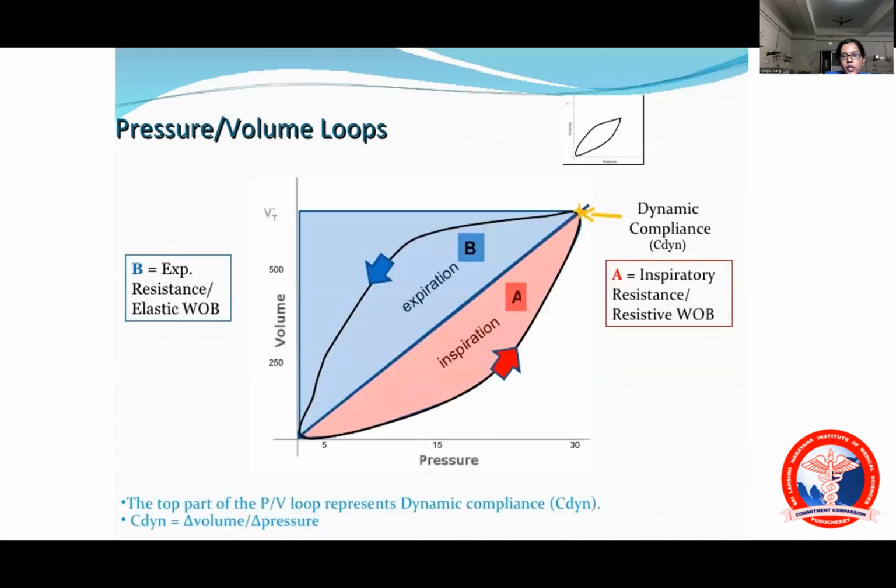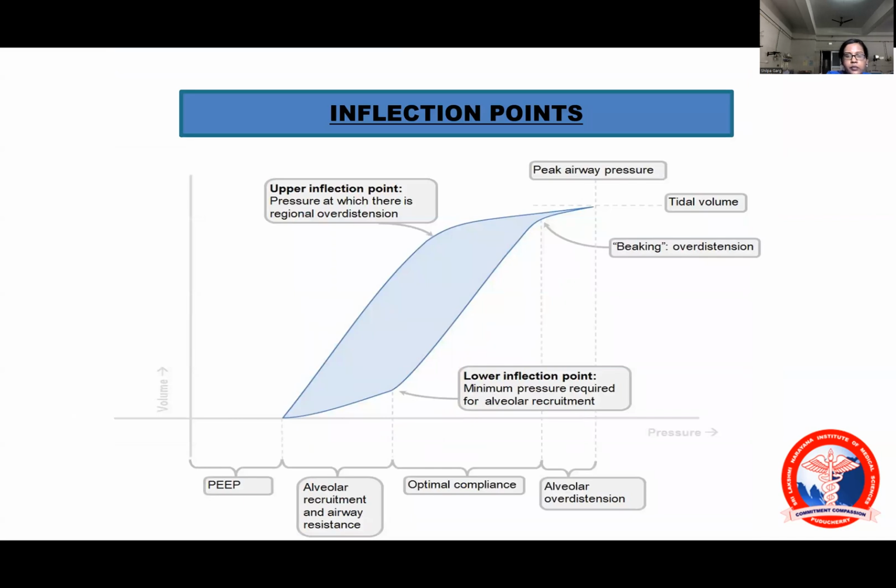In this pressure volume loop, as we discussed, the B part indicates expiration and the A part indicates inspiration. Inspiratory resistance, or resistive work of breathing, is towards the right side, and expiratory resistance, elastic work of breathing, is towards the left side.